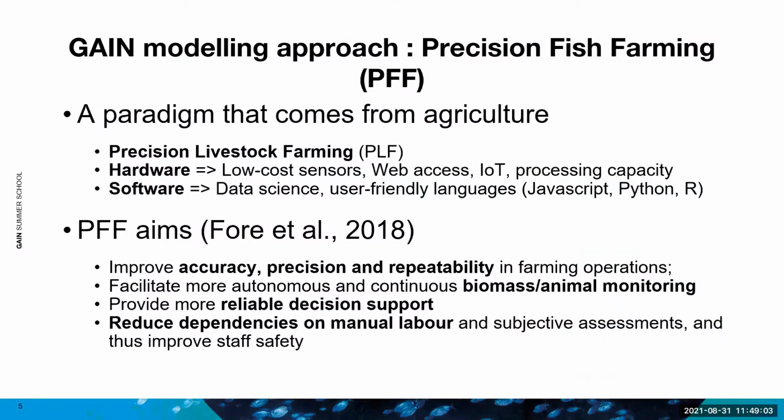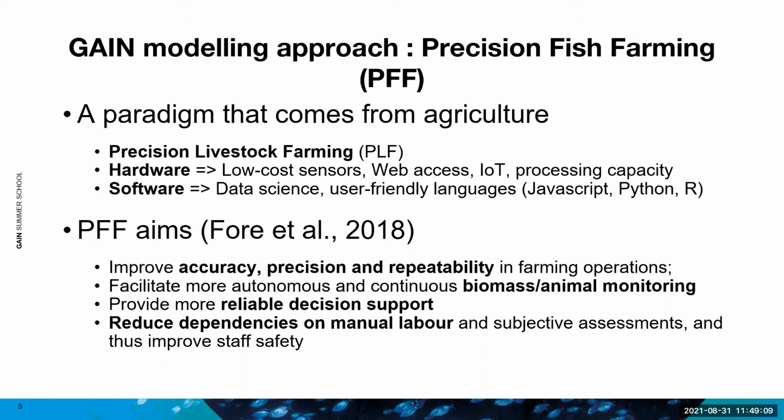aquaculture. The precision fish farming approach aims, of course, to improve the accuracy, precision and repeatability of farming operations. The idea is also to facilitate more autonomous and continuous biomass monitoring. I would say the more challenging aspect is to provide more reliable decision support.